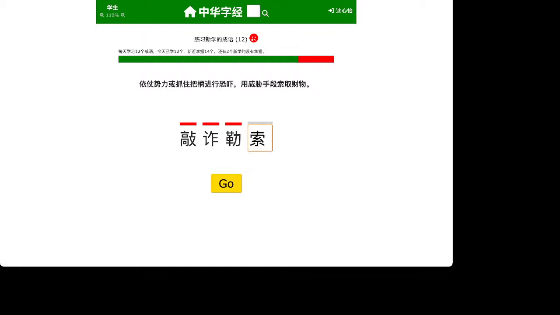I don't remember. 敲诈勒索, that one was right. Okay, it was the one with yins upon, this one. And this was, it had this. This one, it had. 填2个空格，敲诈勒索.